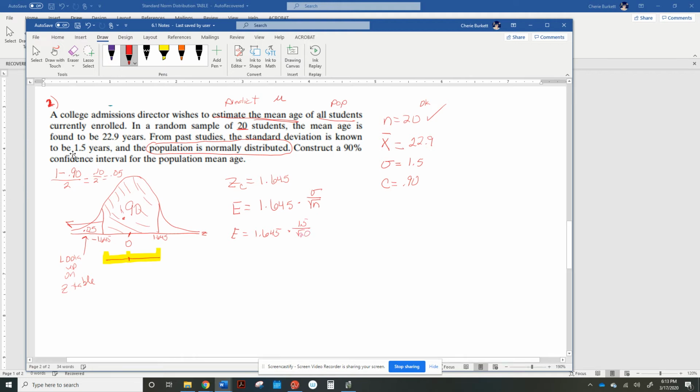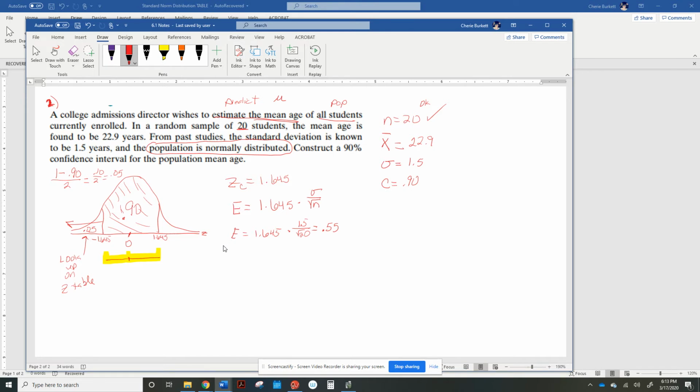All right, so we're going to go to a calculator and calculate that. You type that in a calculator, and it comes out to be 0.55. Use whatever calculator you use to type that in. It comes out to be 0.55.